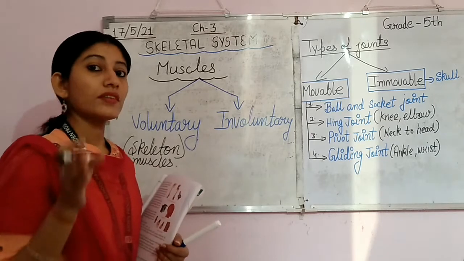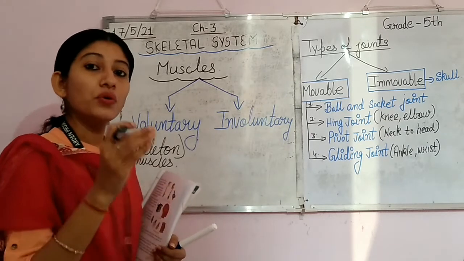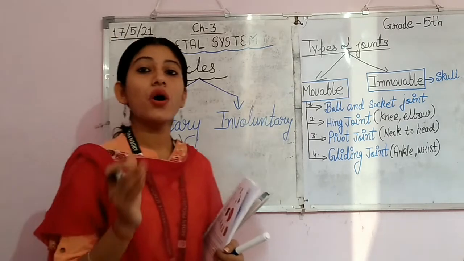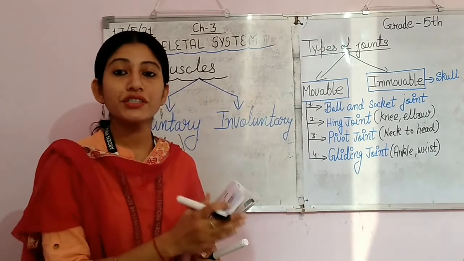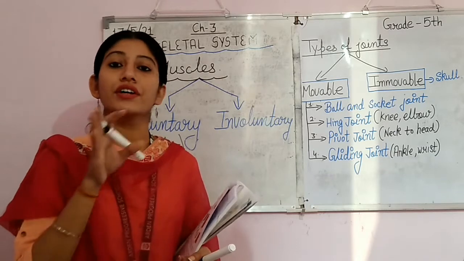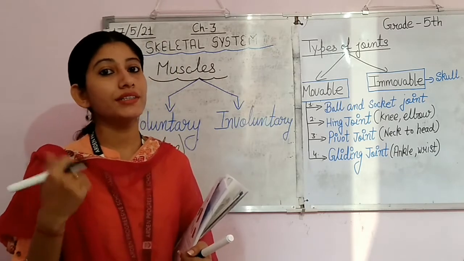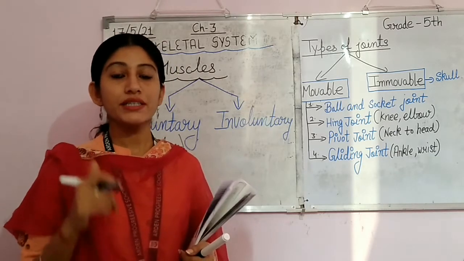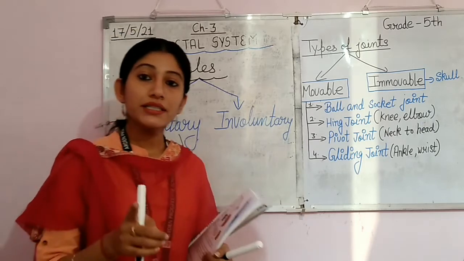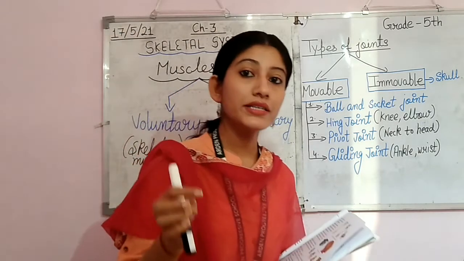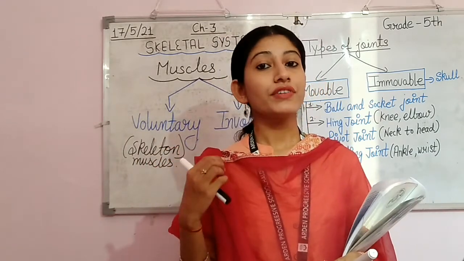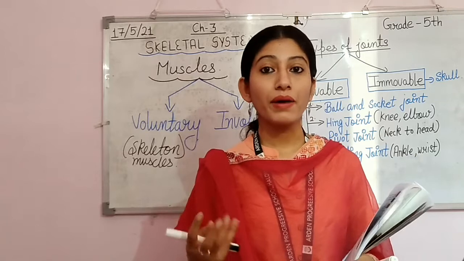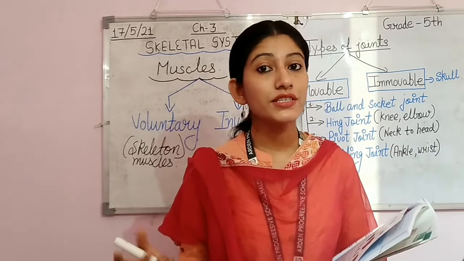So, the muscles whose actions are not in our control are called the involuntary muscles, like muscles of stomach, muscles of food pipe, muscles of our digestive system.